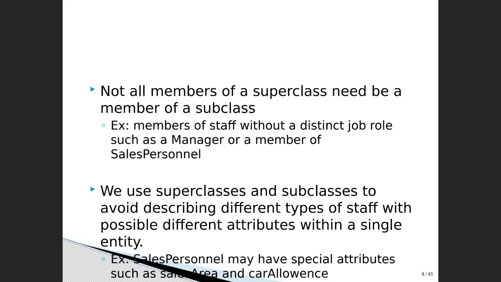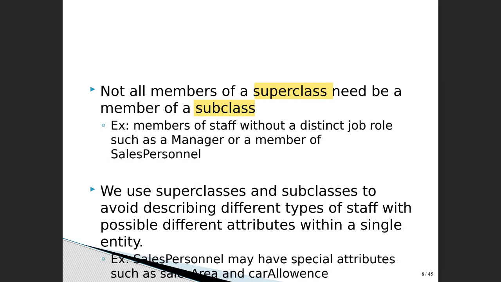Now put this in your mind. Not all members of a superclass need to be a member of a subclass. But in the other direction, all members of a subclass must be a member of a superclass. If we take it in reverse, not all of the superclass members need to be a member of a subclass.